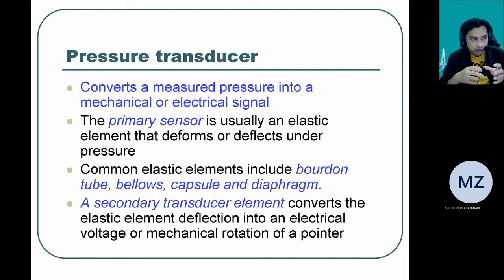Not only can it convert into an electrical signal, but if the sensor is not connected to an electrical device, as a secondary element we can also use a mechanical indicator, for example a needle. Okay, we'll have a look after this slide.